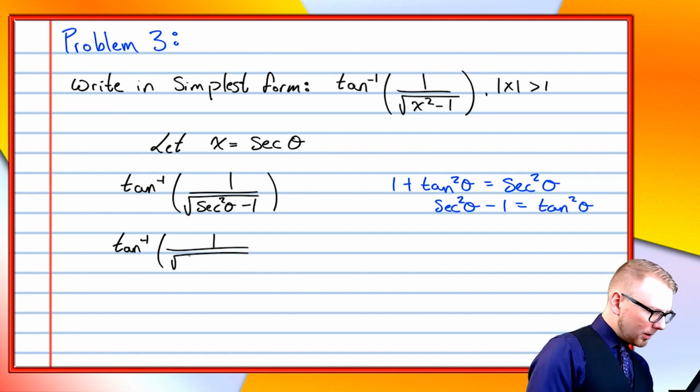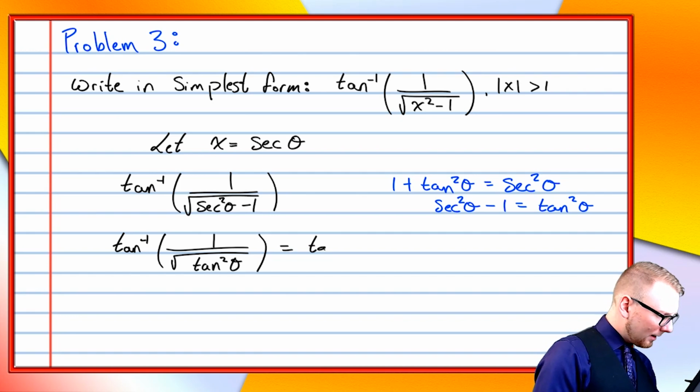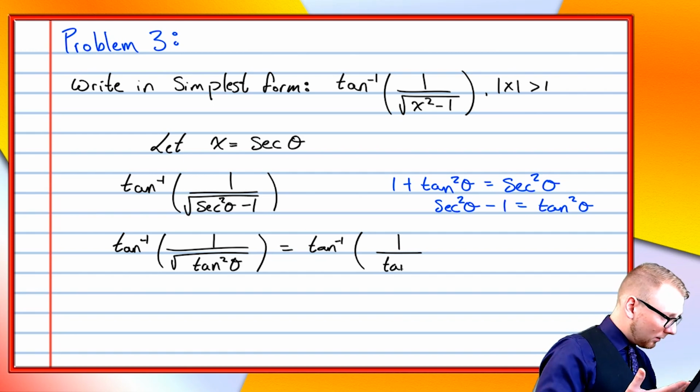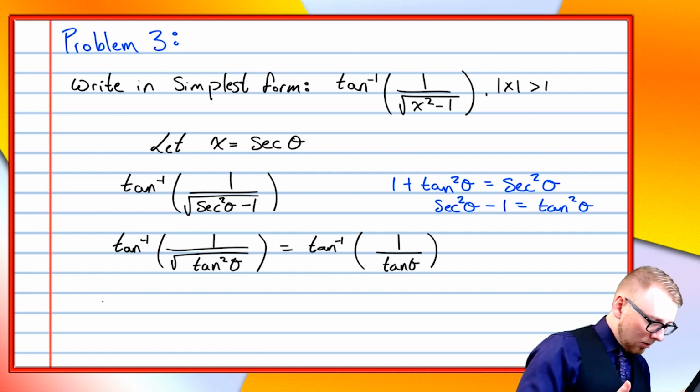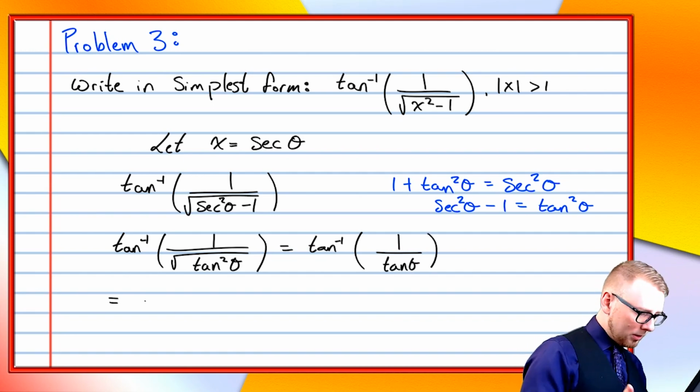Well, secant squared minus 1 is tan squared. So this becomes the tan inverse of 1 over the square root of tan squared, which is just tan. Well, 1 over tan is cotan. We've got tan inverse of cotan of theta.